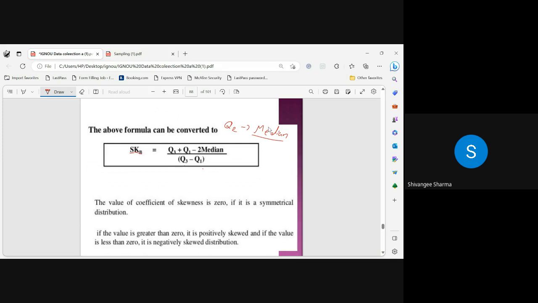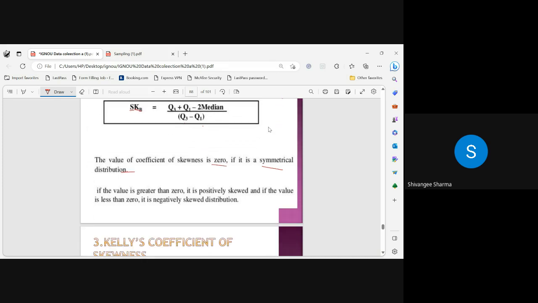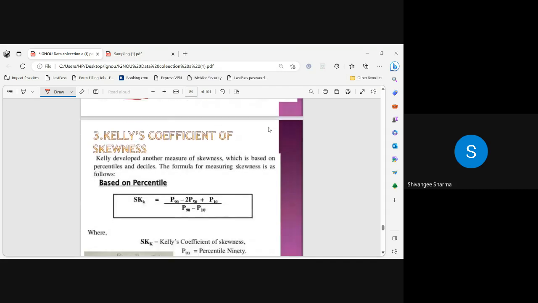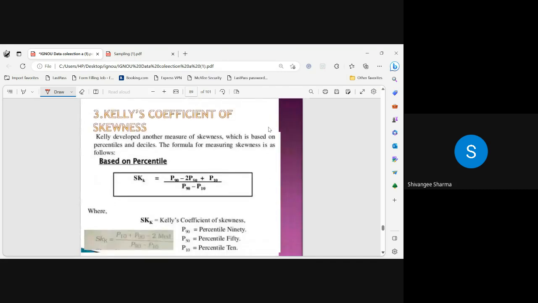The value of the coefficient of skewness is 0 for a symmetrical distribution. What was a symmetrical distribution? When the mean, median, and mode all lie on a single line. If the value is greater than 0, it is positively skewed, and if the value is less than 0, it is negatively skewed distribution.